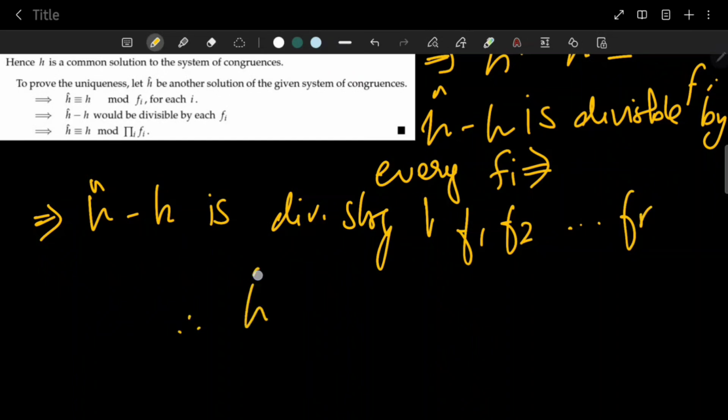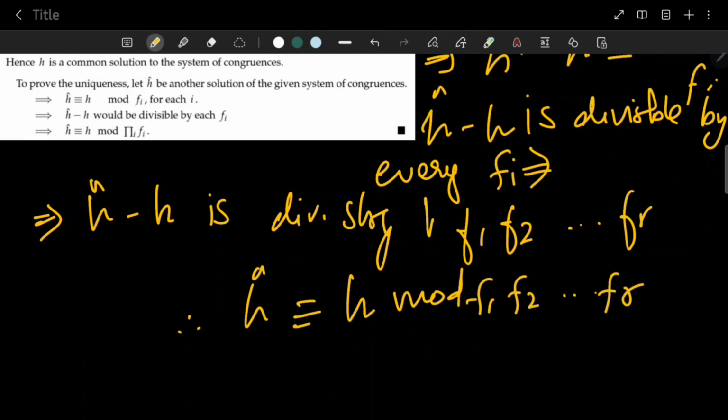Therefore, h cap is congruent to h mod f1, f2 and so on up to fr. So the solution is unique modulo f1 to fr.